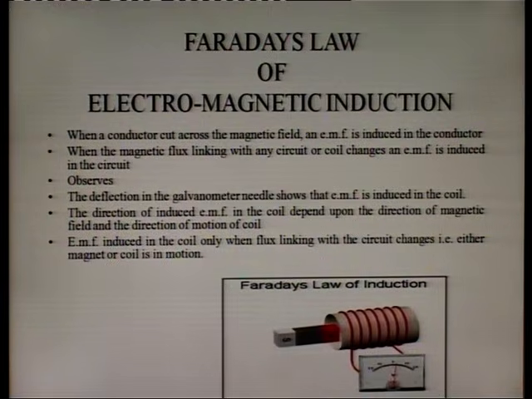So the deflection in the galvanometer needle shows that EMF is induced in the coil. The direction of induced EMF in the coil depends upon the direction of magnetic field and the direction of motion of coil. EMF is induced in the coil only when flux linking with the circuit changes, that is, either the magnet or coil is in motion.